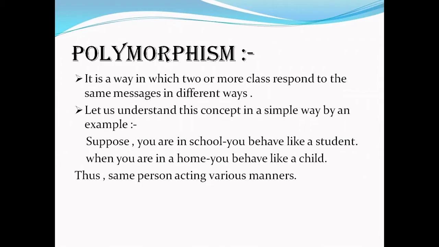In abstraction, the object is simplified, and you think only of whatever is needed. Similarly in inheritance, the property of the class is inherited. In polymorphism, different classes react to the same message in different ways. Everything is related to class and objects. So here the class and objects are the main priority of OOP concepts.